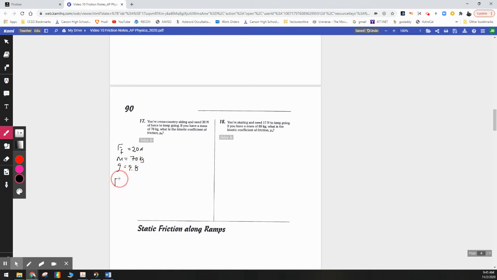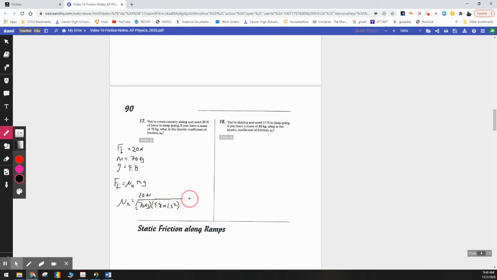And the force of friction is going to equal, now this time it's going to be mu, I'm going to put k here for kinetic, times mg. So mu kinetic is going to equal the force of friction, which is 20 newtons, divided by the mass of 70 kilograms and 9.8 meters per second squared, like so.